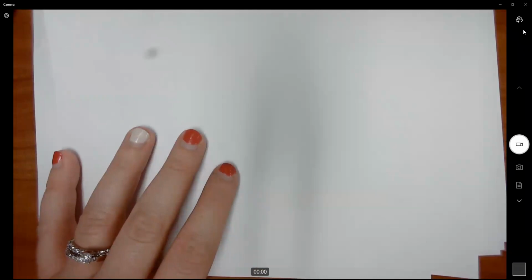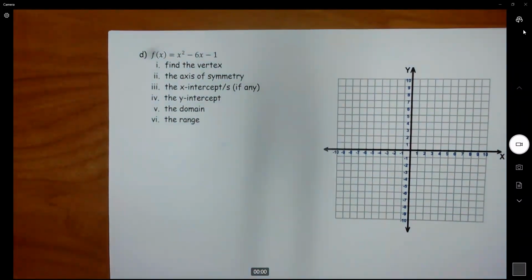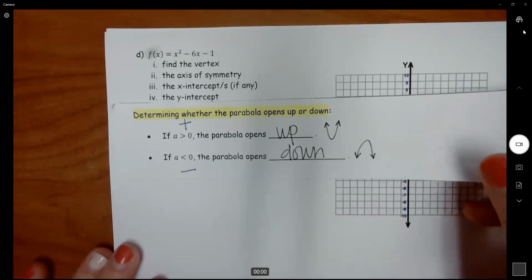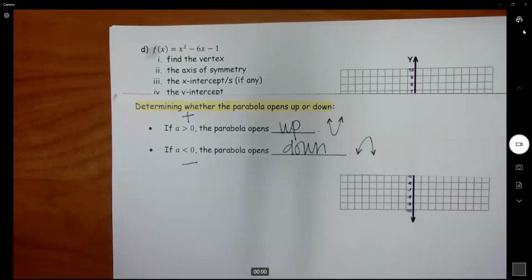Let's do one more example of graphing in standard form. All right, so first off, does this open up or open down?